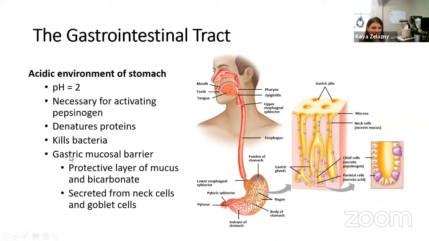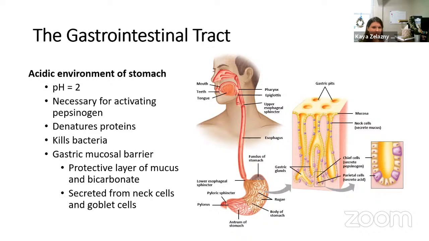And so it also has this gastric mucosal barrier protecting us from that acidity, as we mentioned. So we have mucus secreted from the neck cells. That mucus is actually mixed with bicarbonate. And we know from our discussion of acid-base balance, which we've been discussing earlier in the week, that bicarbonate kind of soaks up hydrogen ions, right? It's a base, it kind of neutralizes them.